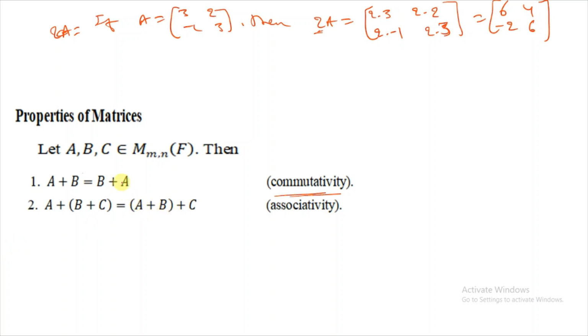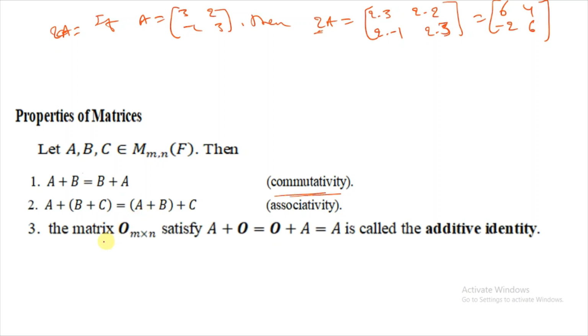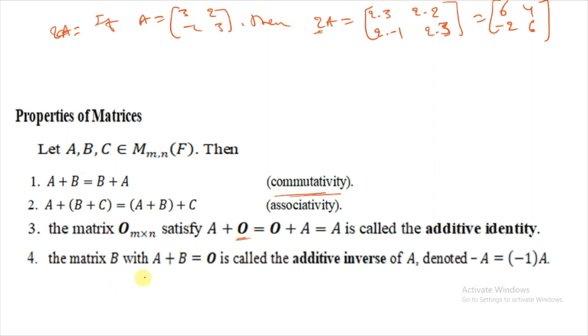Vector space means it satisfies commutative, associative addition, and the identity, the zero identity, and the inverse property also. If A plus B is zero, the additive inverse of A means the negative matrix; B is the negative matrix. It's a property we already discussed.